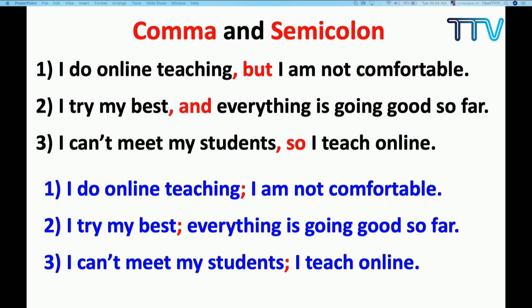In this sentence you will not see the connector and, but, so. In place of the connector I've used just a semicolon. Whenever we use a semicolon, make sure that you have a complete sentence on each side. I do online teaching is a complete sentence. I am not comfortable is again a complete sentence. So you use the semicolon.